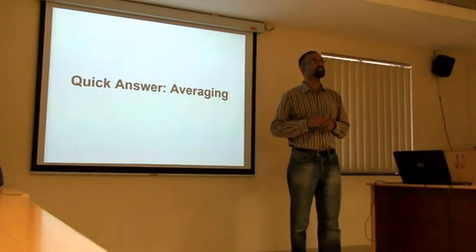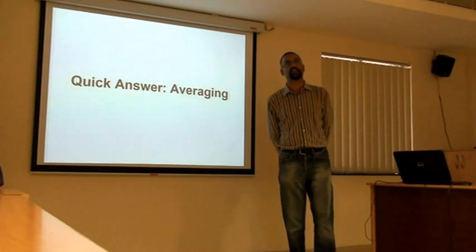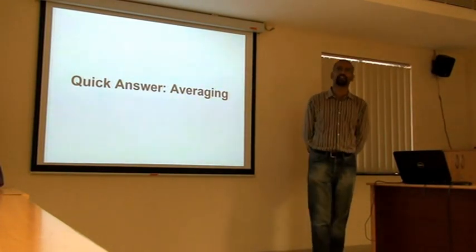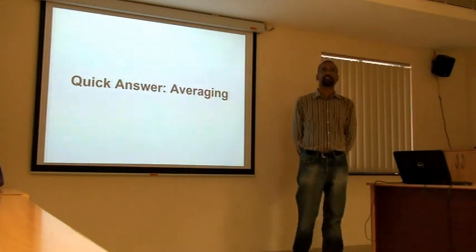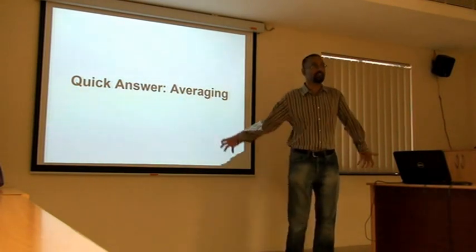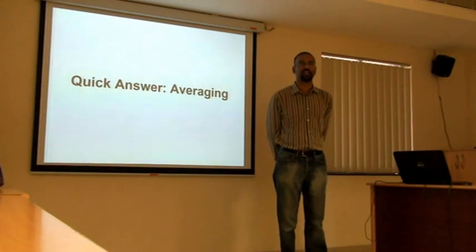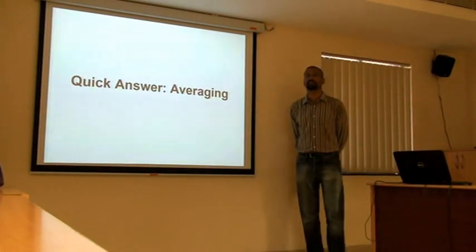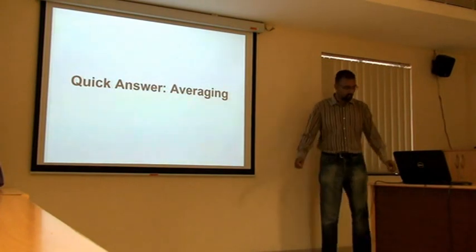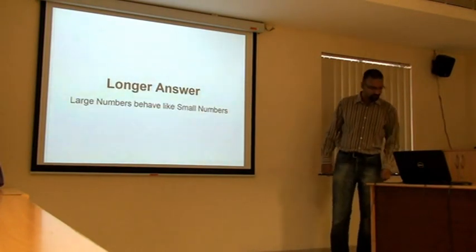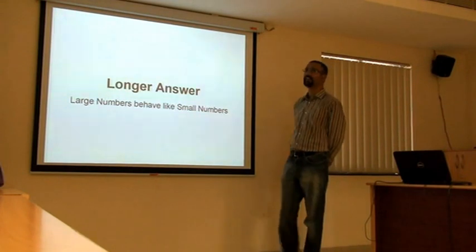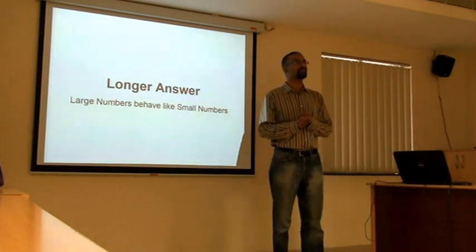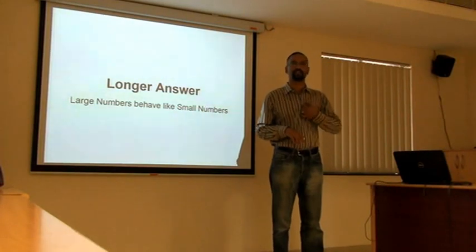That's one of the great discoveries of mathematics, really, in the 18th and 19th centuries, that somehow lots and lots of things put together behave as if they're all kind of just one thing. And that's what I'll call the law of large numbers. Large numbers behave like small numbers. And there's a very precise way to answer that. But we'll take a break and then we'll come back and do that.